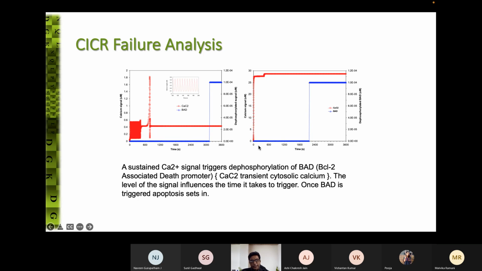So if one of those proteins is shown to malfunction, that means you either set it to zero, or you change one of the parameters to some degree, or you remove it from the signaling pathway, then you'll find that the signal you observe is actually a sustained signal.